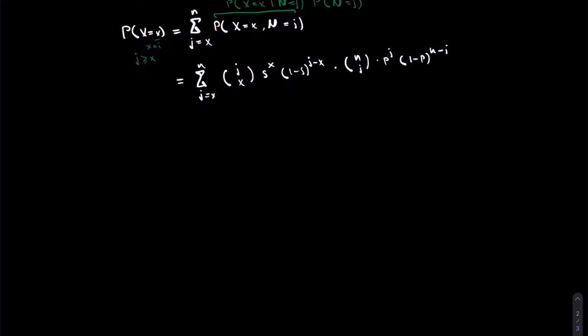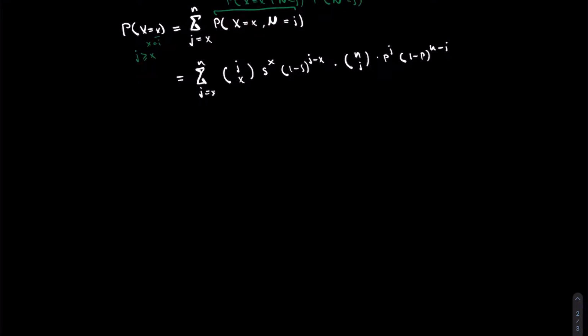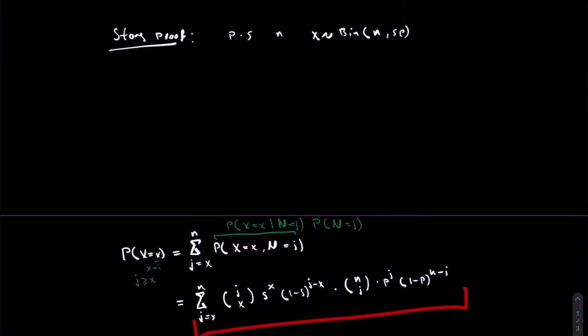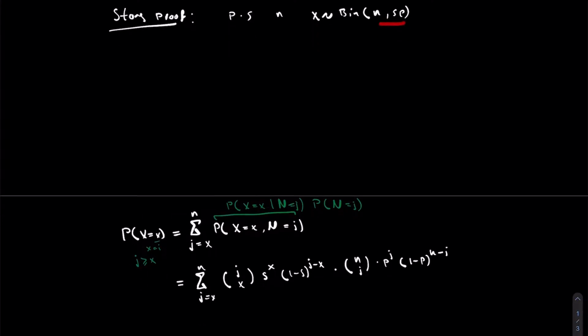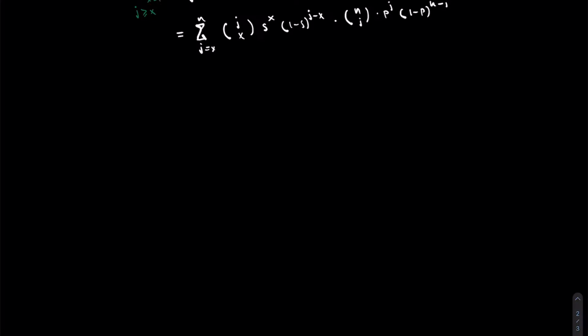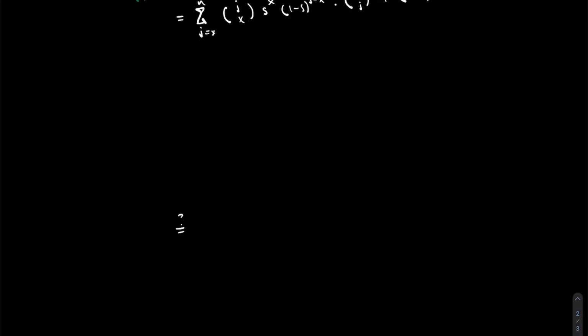Okay, and so this whole thing here, by the story proof, we know has to simplify to a binomial with n and sp. And what is that? Let's write it down here. I'm going to put a question mark, asking if this can be simplified to it.